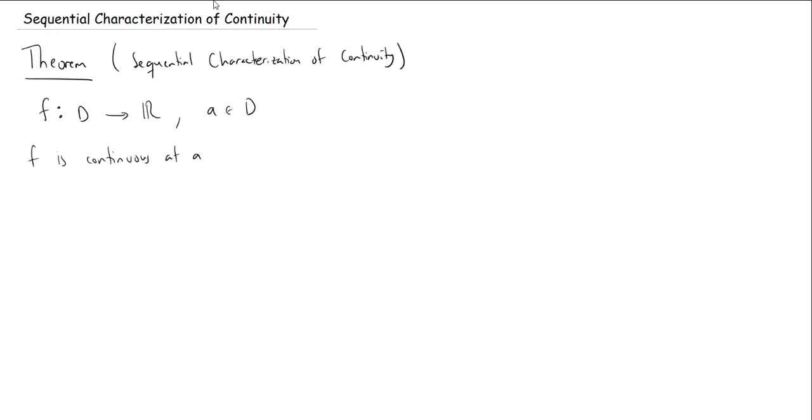at A if and only if, well, I want to look at all of the sequences that just use elements from D. Remember, we called these D sequences. In fact, I'll introduce a little bit of notation here. If I have some a-dot, this is going to be a sequence, so that means it's a function from the positive integers to some codomain.